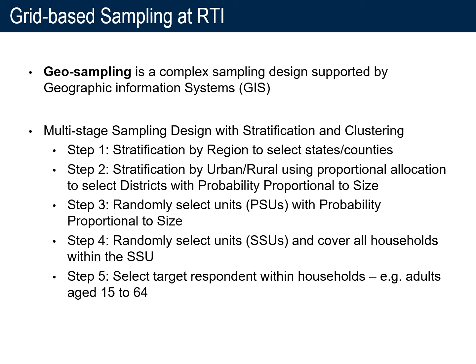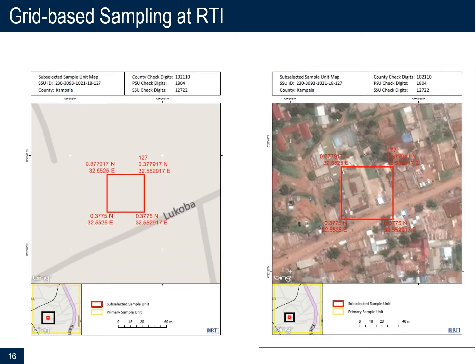At step 3, we randomly select units with probability proportional to size, followed by step 4, where again we randomly select units and cover all households within the SSU. At step 5, we select target respondents within households, for example, adults between the ages of 15 to 64. Through this, we are able to select very specific targeted areas for survey research to occur.